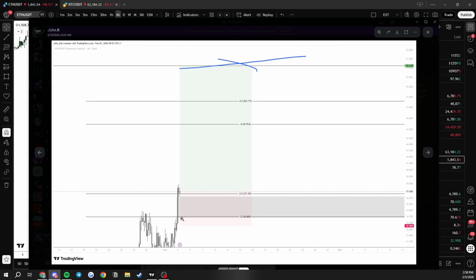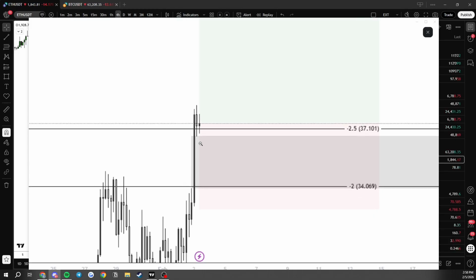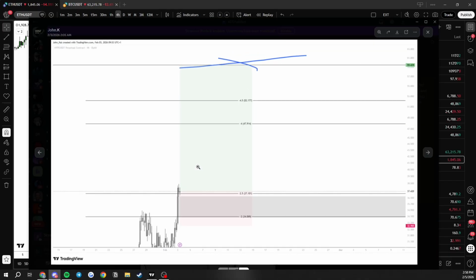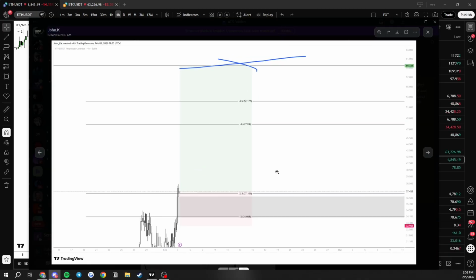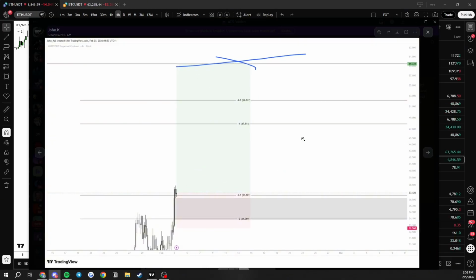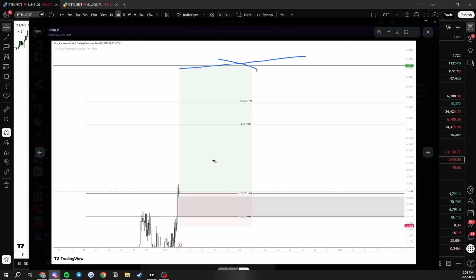I personally, if I was entering, I'd want to enter inside this fair value gap. And I would put my stop below the candle that created the fair value gap as well. So good stop placement. Slightly rushing entry, but at the same time, if that's your TP target, then it's fine.